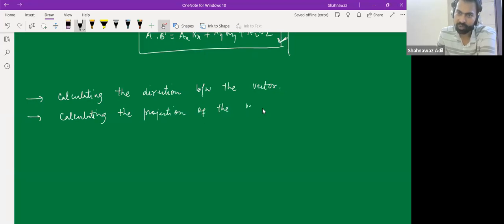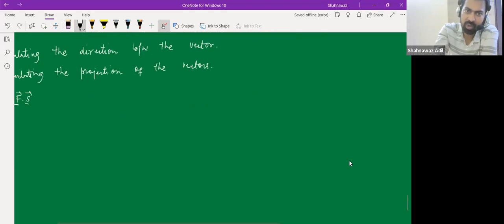But from the physics point of view, what is the use of this dot product? It is used to calculate the work done, which is F dot S. Whenever two vectors are given and the product is a scalar, in that scenario, this dot product is used. So this was the use of the dot product.